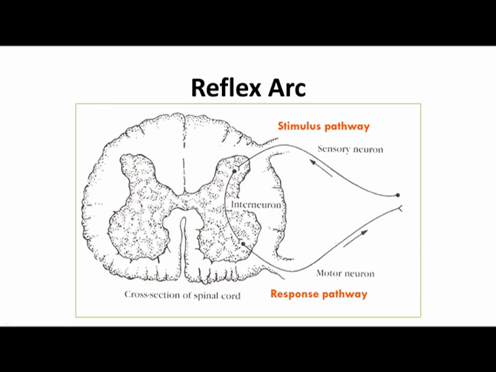So if we have something that is reflexive, it's a behavior that's going to happen without direct brain involvement. So you might have seen this as part of a diagram showing somebody touching something hot and withdrawing their hand from it. We'll talk in just a minute about your knee-jerk response.